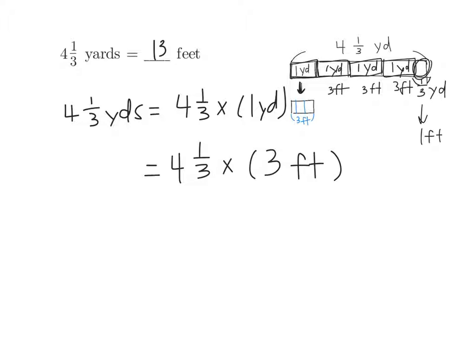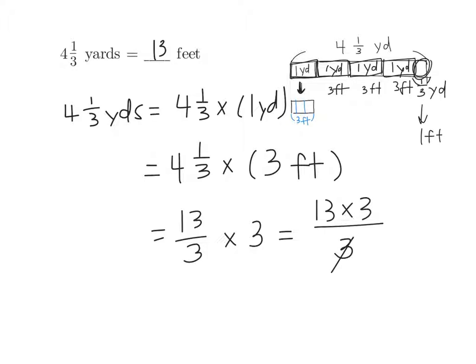Now remember, it's much easier for us to multiply right now if we change our mixed number into an improper fraction. So I know that 4 1/3 is the same as 13/3. I have to multiply that by 3 feet. So it's the same as 13 times 3 over 3. Well, I see that I have similar factors in the numerator and denominator. So I can divide by 3 over 3 and change that to 1 over 1. And so I have 13 times 1 over 1. And so my answer, again, is 13 feet.